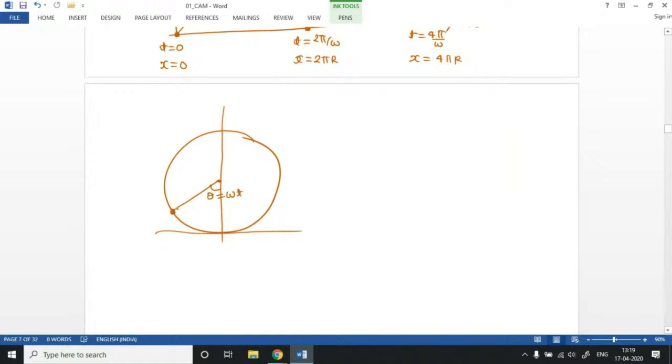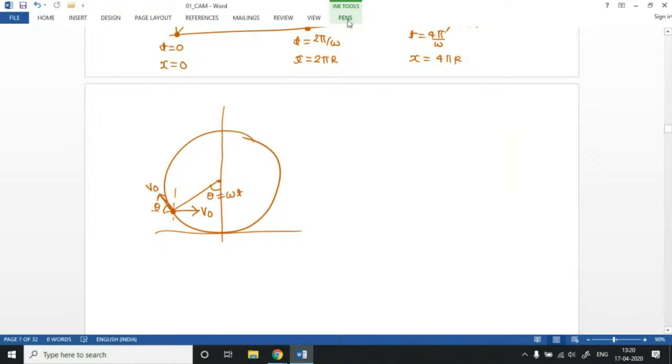The velocity of this point is v naught due to translation and v naught due to rotation.